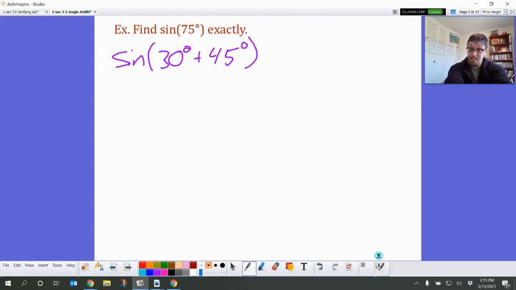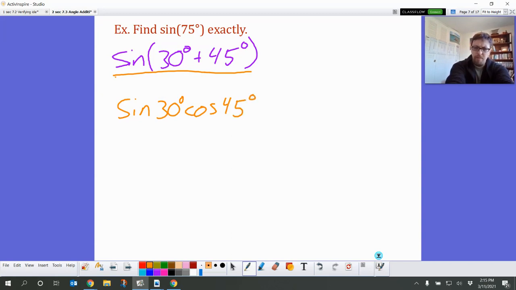Using our angle addition identity that we just learned about today, we can convert that into the sine of 30, and I've got this memorized. My hope is that you can get this memorized as soon as you can. But I know these don't match, but this does. Then I've got to reverse it and do the other two angles. So a cosine of 30 degrees, and then the sine of 45 degrees.